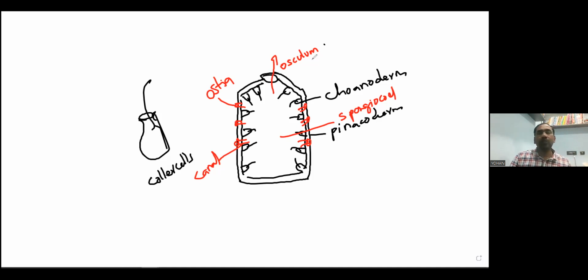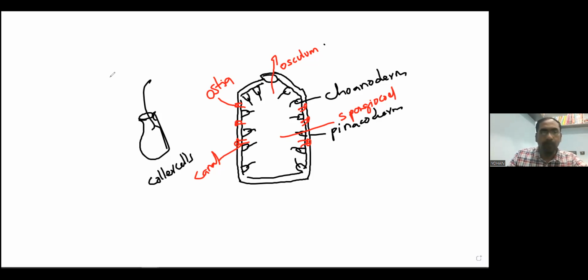Now, what is the function of a canal system? This pathway of water flow helps bring nutrients along with the incurrent water, so it helps in drawing food material through water.